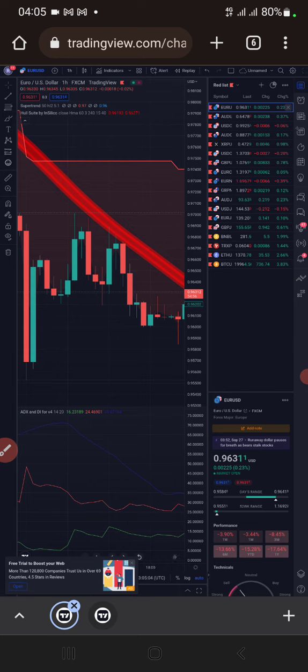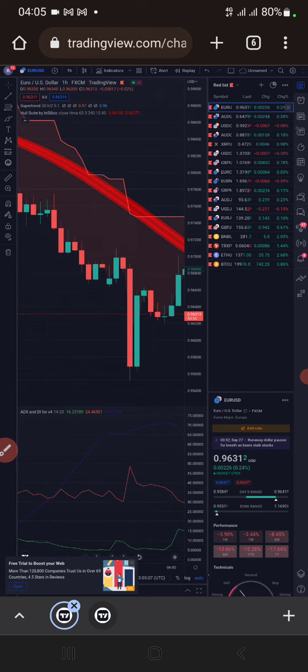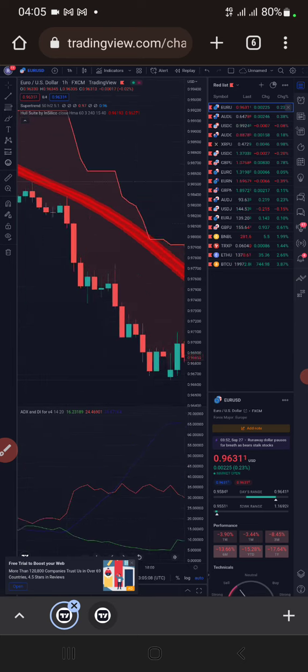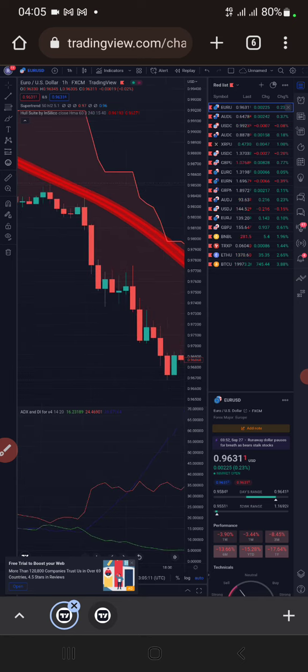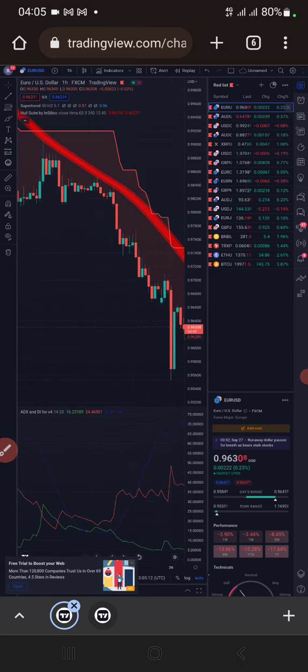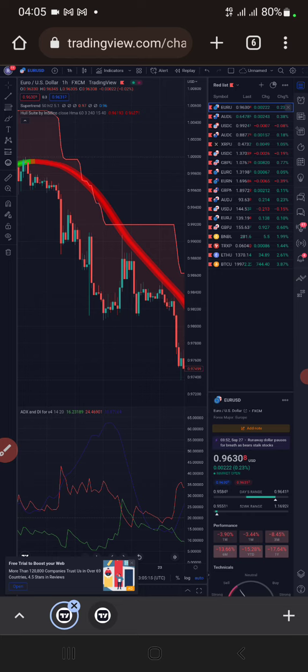Okay, this is basically the indicator, and let me tell you how it works. As you can see on this indicator, we have three basic lines over here, and that's the red, the green and the purple line.